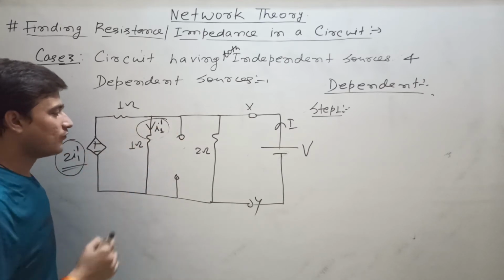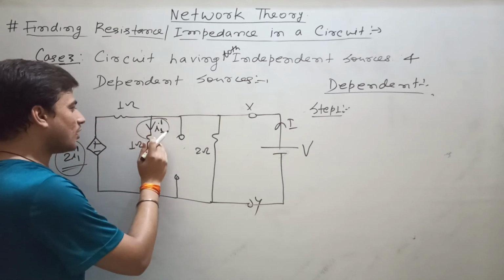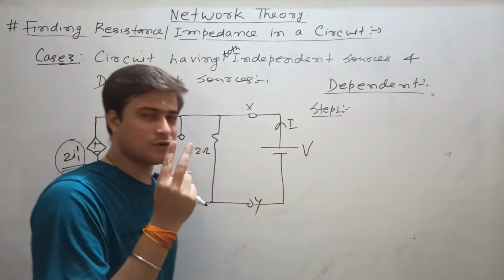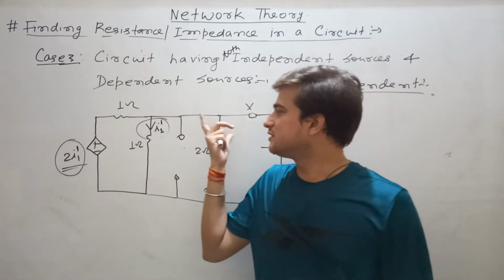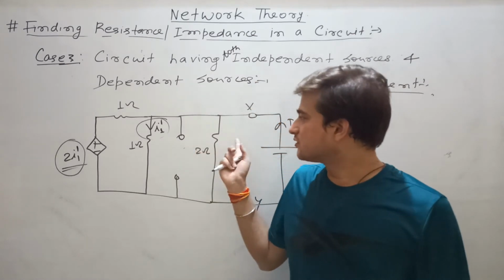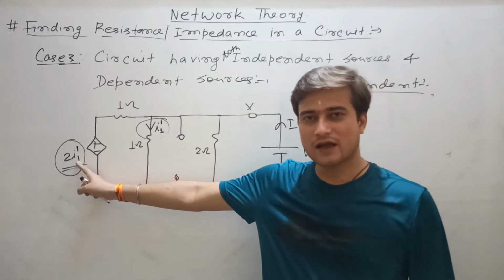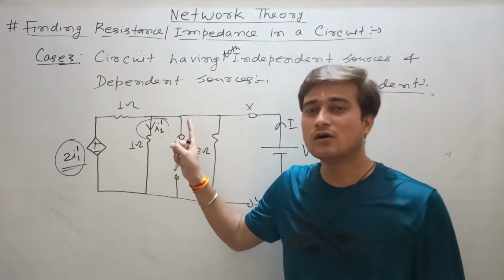This branch is the 1 ohm resistance. Third step is you will have to apply Ohm's law in this branch. 3 steps you have to remember. The first step I have already explained when I was teaching you dependent sources. So first step, the magnitude is 2I1 dash. This is I1 dash. Third step is to apply Ohm's law.